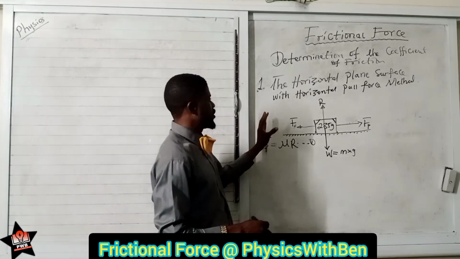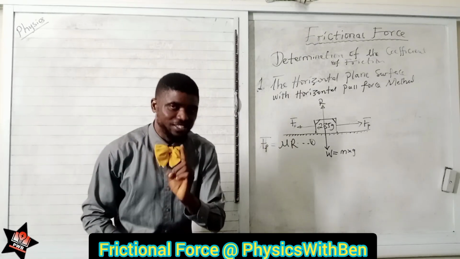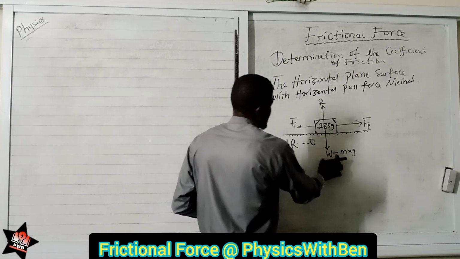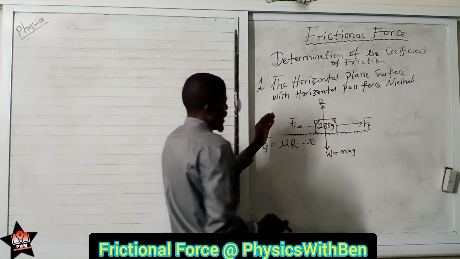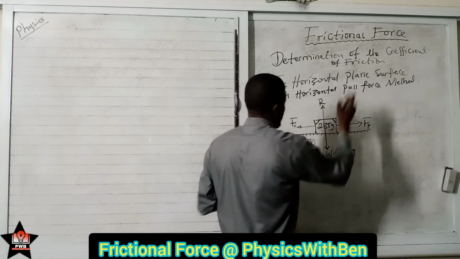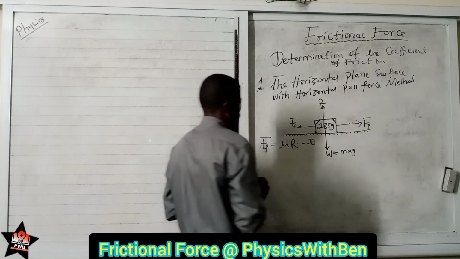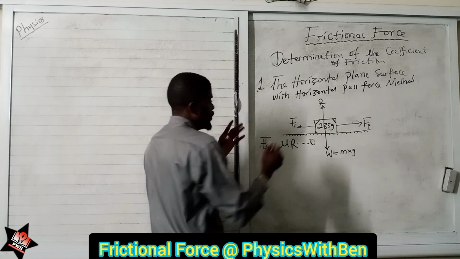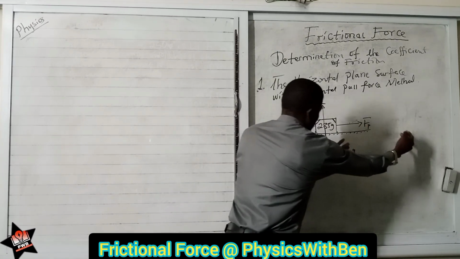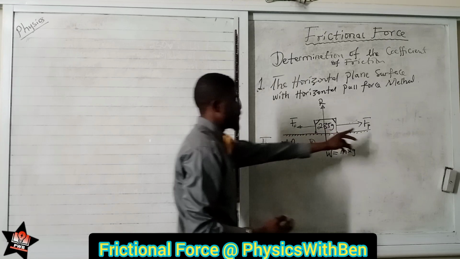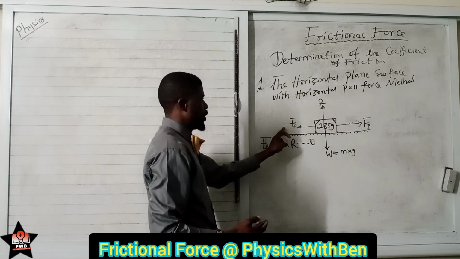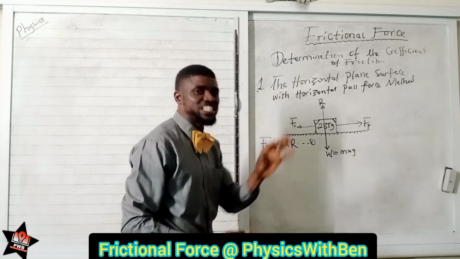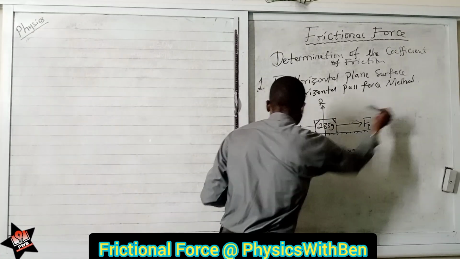So we're going to treat frictional force as a vector quantity. You get it? Good. So this force is equal to this force. And this force is also equal to this force. But that is not what we are going to write right now. First off, if this object tends to move this way, then it means that this force is greater than this force. So the first thing we are going to do is to find the net force in this direction.